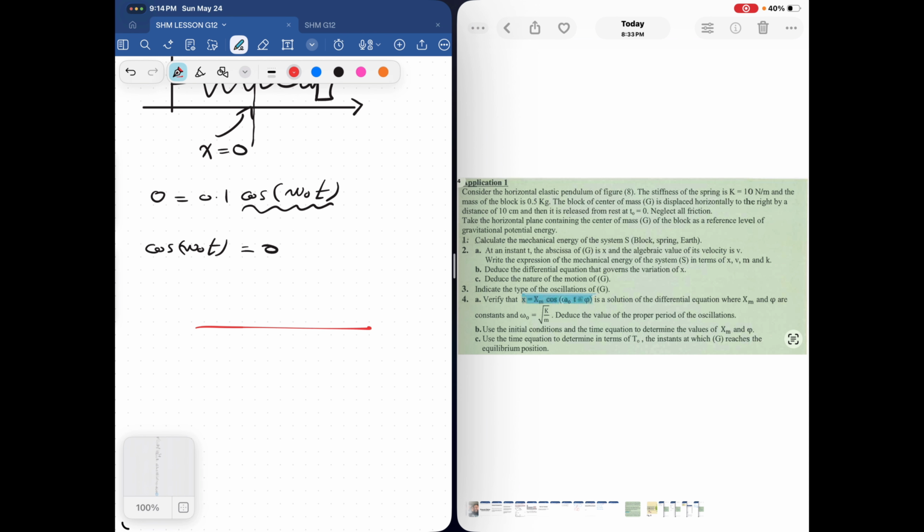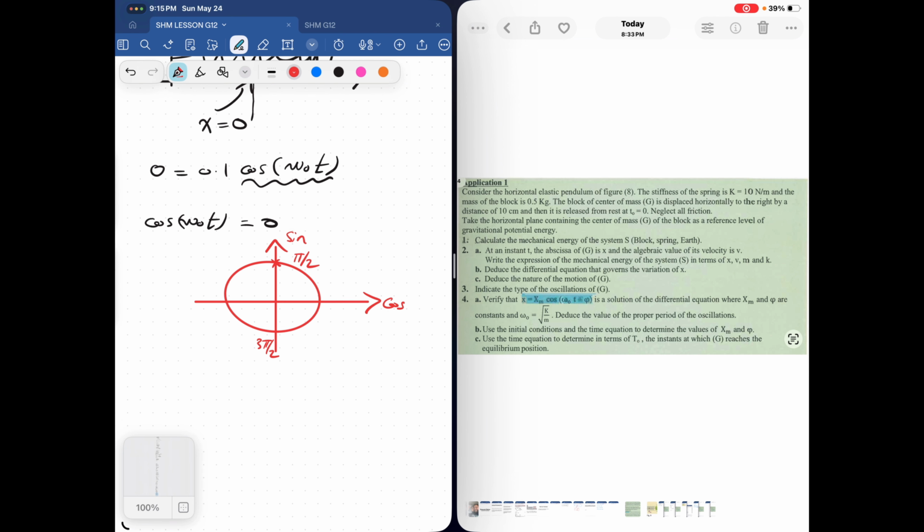Again, we go to the trigonometric circle, this being the sine and the cosine. We know that it is equal to 0 at pi over 2 or 3 pi over 2 or 5 pi over 2 or 7 pi over 2, meaning that it is a multiple of pi over 2.